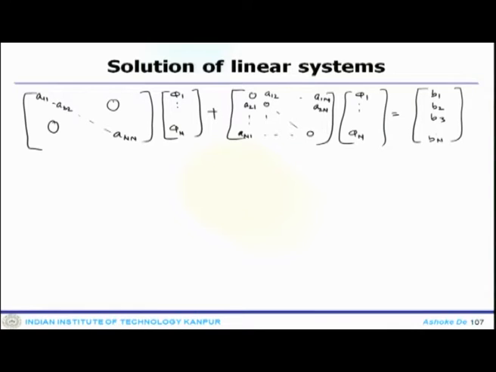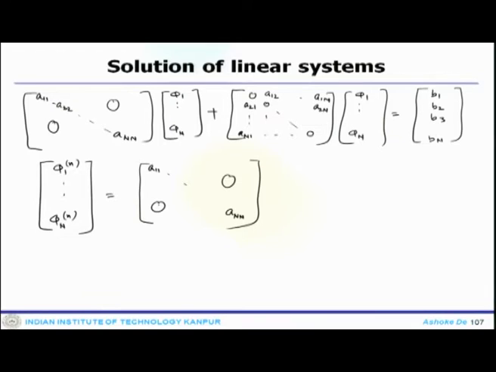Now once you solve for phi at n, you get phi 1 to phi n at level n equals to this, the diagonal element a11 inverse, multiplied with b1 to bn, minus this matrix, which is 0 in the diagonals.